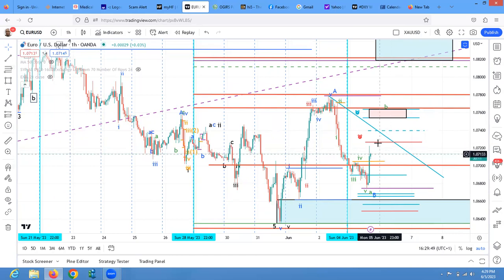Then after finishing the C, because I'm expecting a 3-wave, this might just be A of that B, because this B wave on the bigger time frame here now, this might just be a part of it. But the B part that is going on might be subdivided into 3. That's what I'm trying to say.